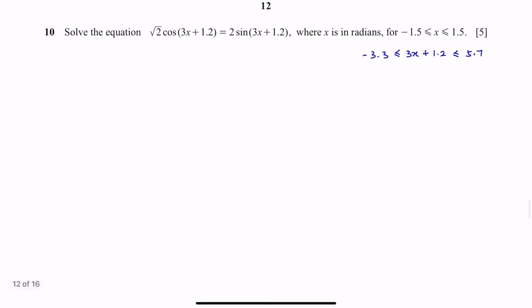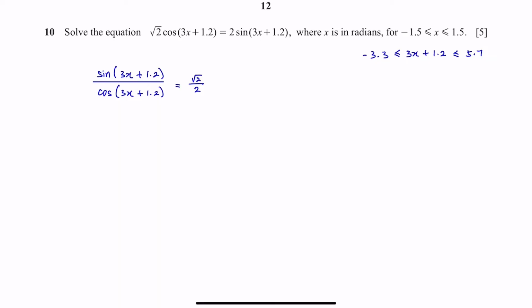So now we can start solving the equation. We move the sine and cos to one side, and we get sine of 3x plus 1.2 over cos of 3x plus 1.2 equals sec 2 over 2.